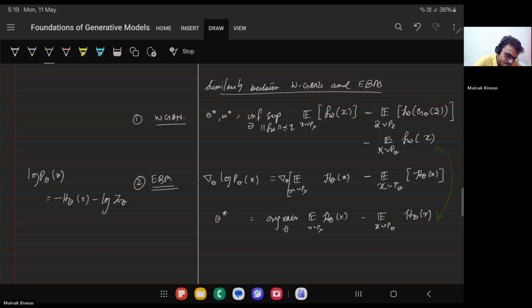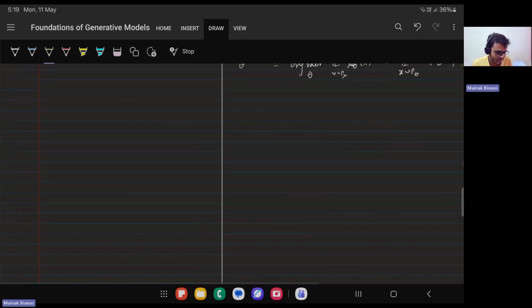See? Right? So this is exactly what we were seeing, and we're very happy to see that what you're doing is you're learning an energy model within the Wasserstein GANs. Okay, this is another interpretation of the Wasserstein GANs.